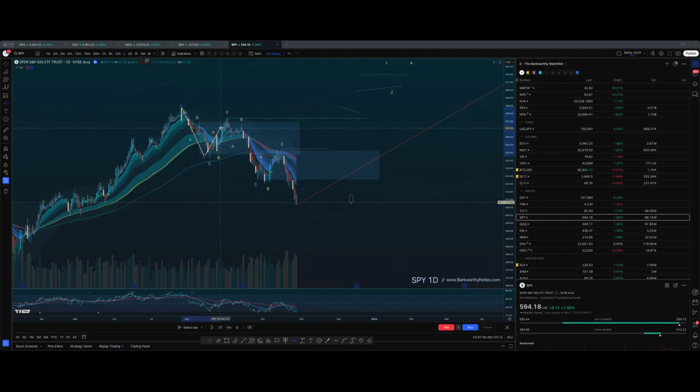It is 1, 2, 3, 4, 5 pivots. 5 pivots means potentially complete correction. 5 pivots means potentially correct impulse structure, because there is no difference between the corrections and the impulse structures.